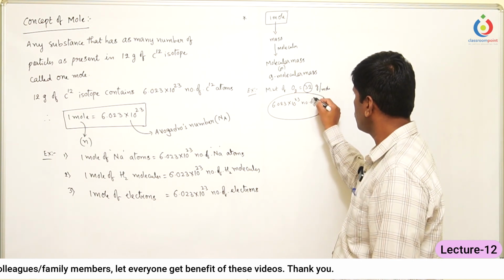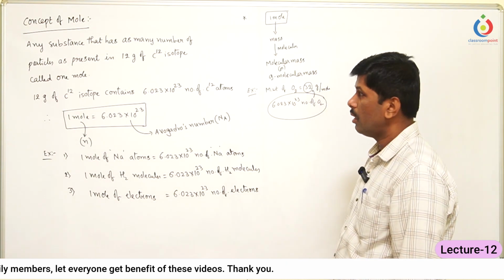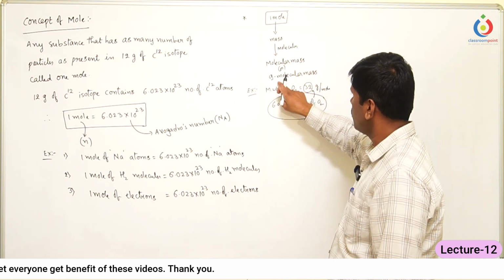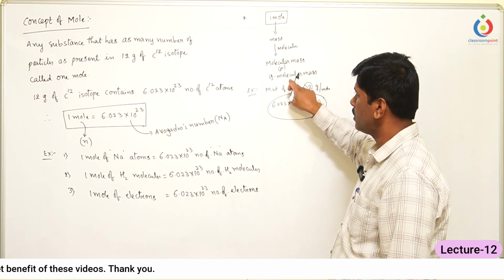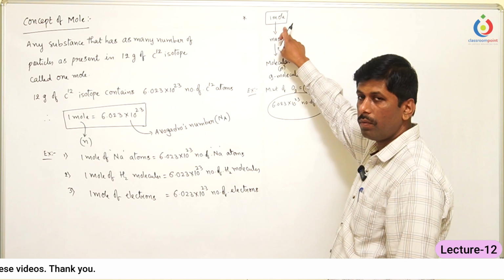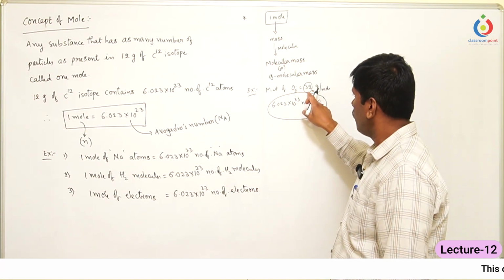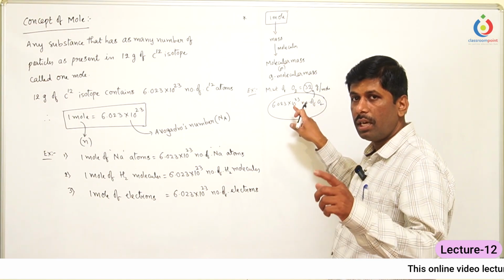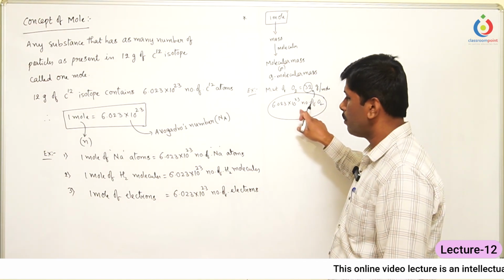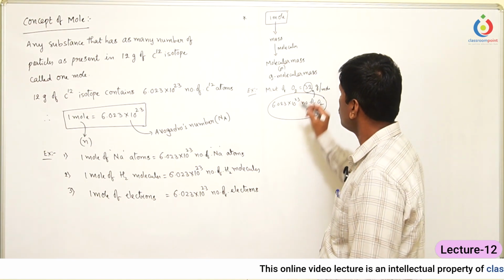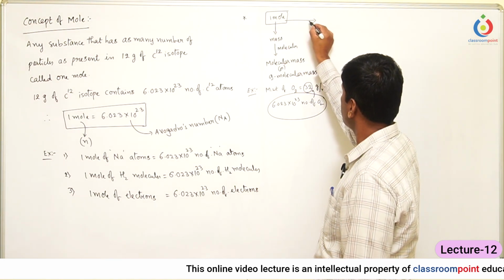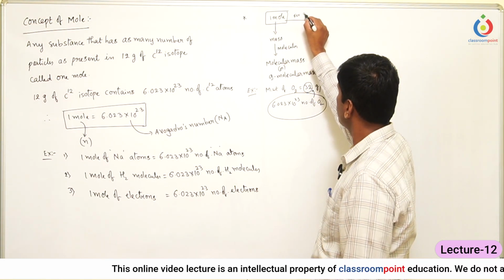Mass is how much? 32 grams. So the molecular mass is nothing but the mass of 1 mole of the molecules. That's why wherever molecular mass is given, indirectly they are giving the information about the number of molecules also. And for gases, this is only for gases.